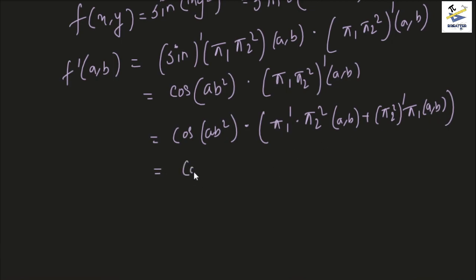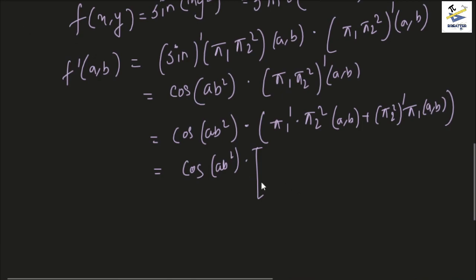This means it is cosine of a b squared multiplied by, now pi 1 prime is just pi 1, and pi 2 squared is basically b squared. You just put in the value b squared. And pi 1 prime is not 0 actually, sorry, it's 1 comma 0.